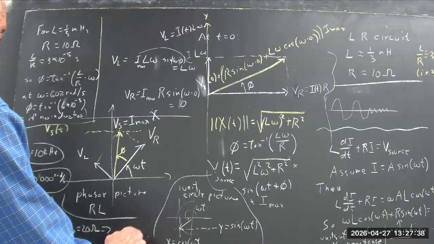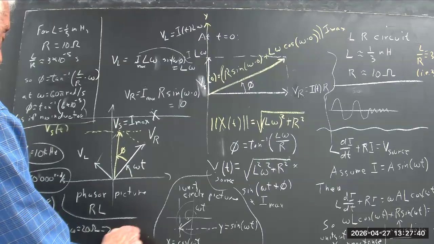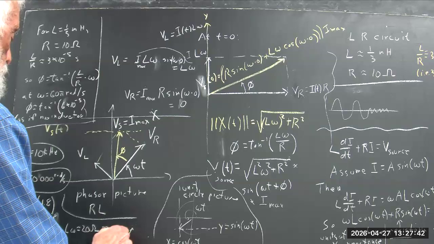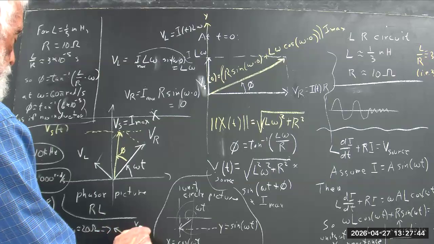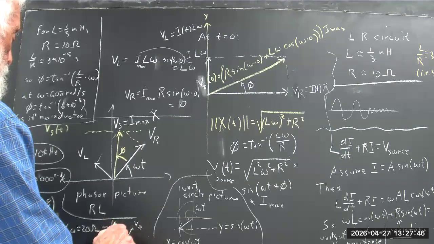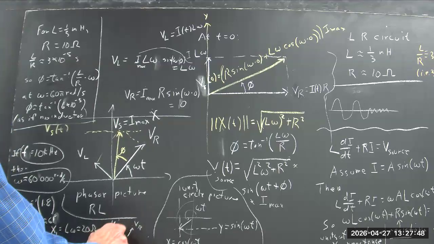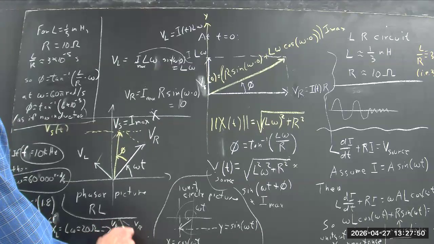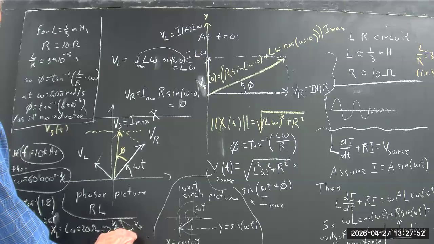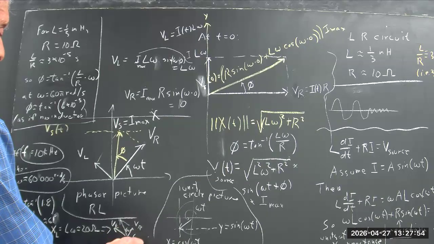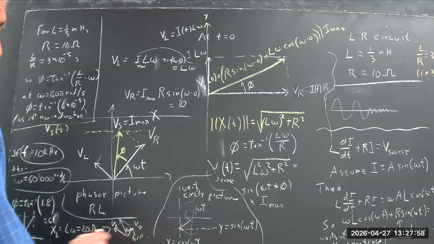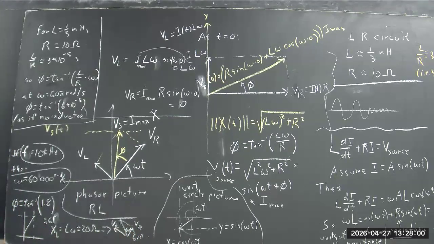So what that tells you is there's VR, there's VL. You do the hypotenuse and you get a 61-degree phase angle. It's hard to read that. Do it yourself.